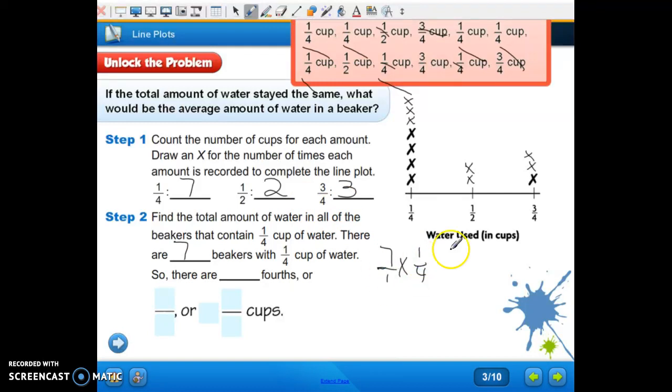So 7 times 1 is 7 over 4. Or how many 4s in 7? 1, and 3/4 left over. Wrote that in the wrong spot. So there are 7/4 or 1 3/4 cup.